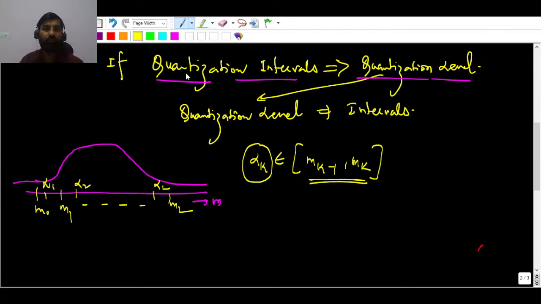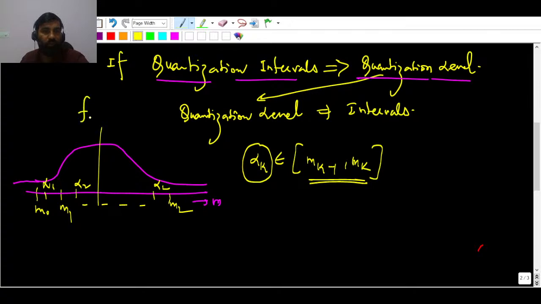So how can we formulate, how can we find these quantization levels? What you will have to do here is consider this density function. In the question, some general density function will be given.